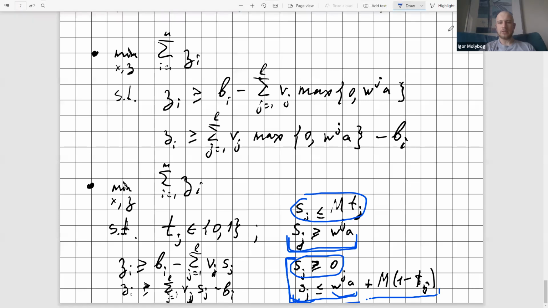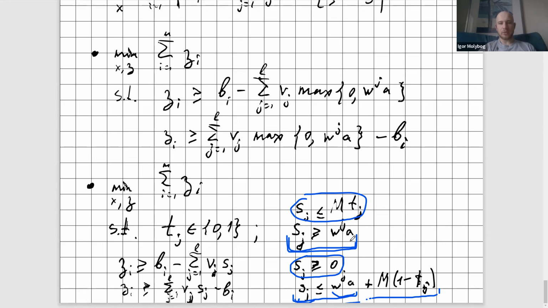Let me see. So it's the contradicting inequalities. We are assuming that wja is less than or equal than 0, and we are assuming that we will have to have sj being equal to 0 if we assume that tj is equal to 0.